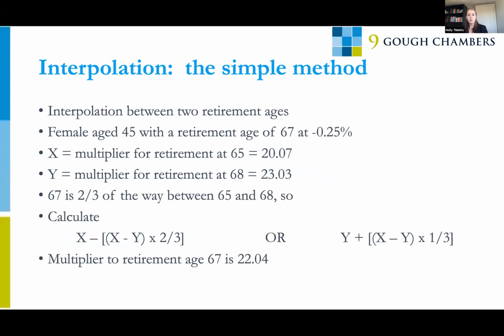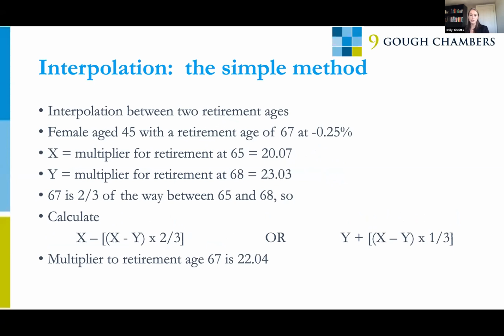You can also use the method to interpolate between two different retirement ages. So let's take the example of a female age 45 with a retirement age of 67 at minus 2.5%. You get the multiplier for 65, which is the table below 67, and then you take the multiplier for 68, which is the table immediately above 67.